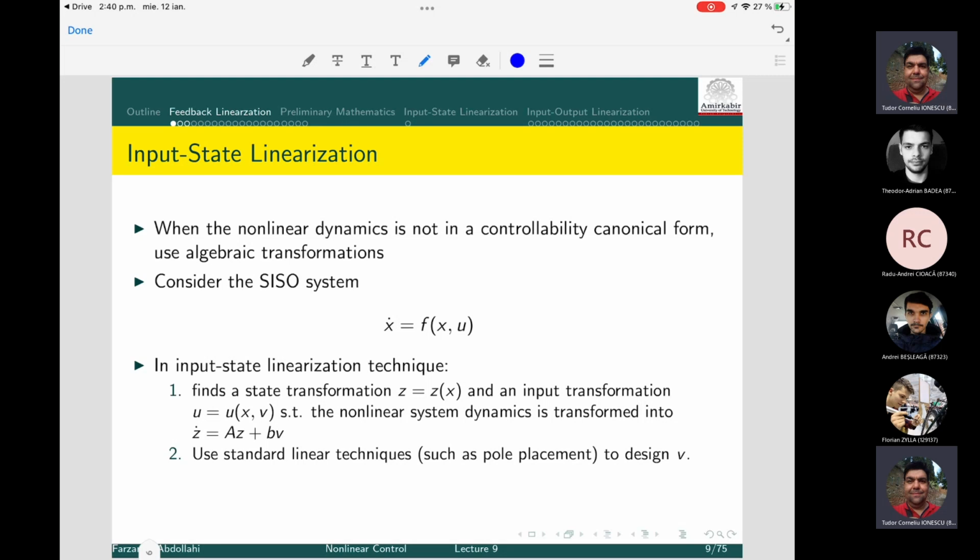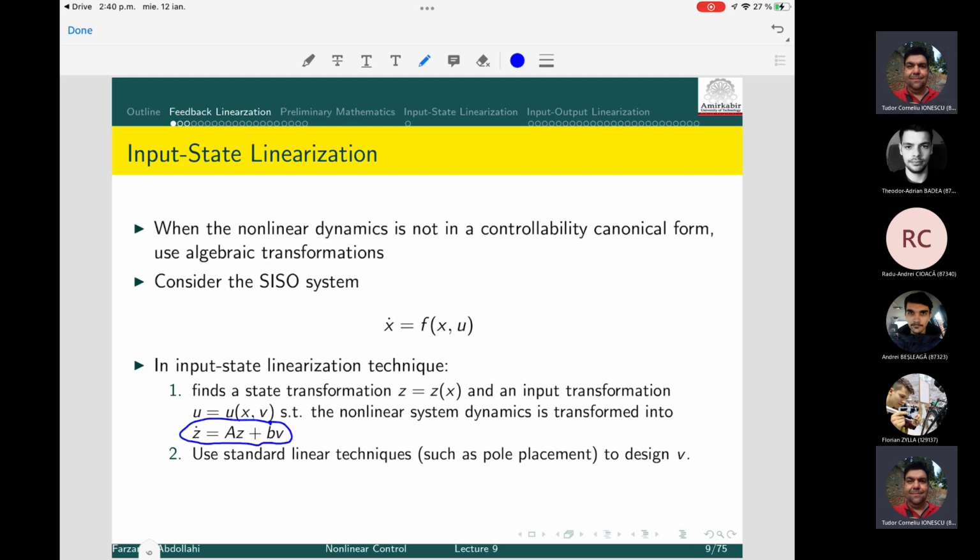We have a single input, single output, general nonlinear system, x dot is f(x,u). The input state linearization technique is like this. Find the state transformation z = d(x), and an input transformation u = u(x), such that the nonlinear system dynamics is transformed. So through this procedure of getting an input that cancels the nonlinearities, we need to compute a coordinate transformation which brings the system into a linear form.